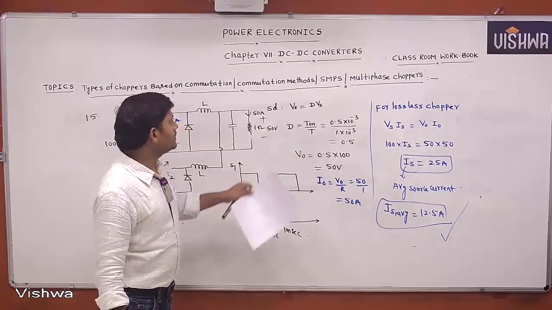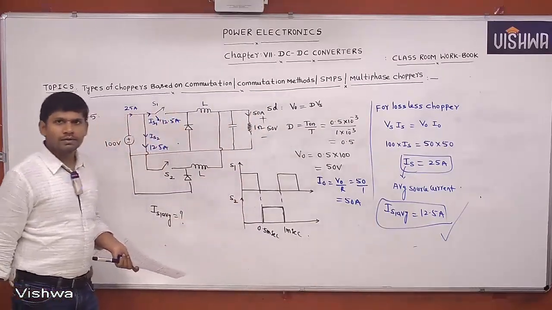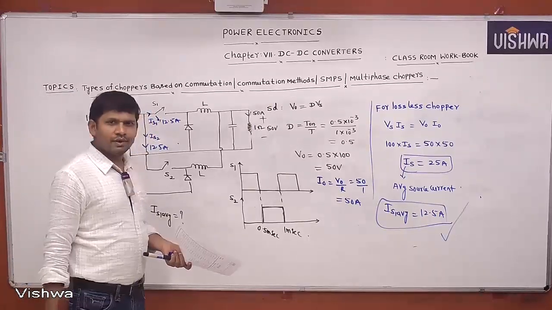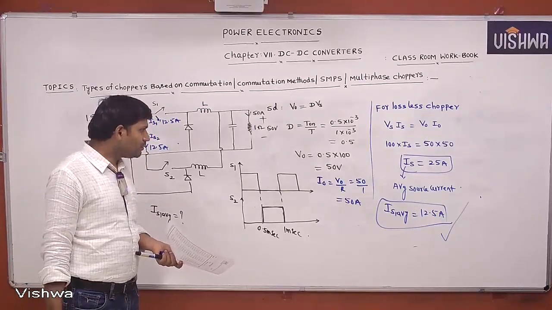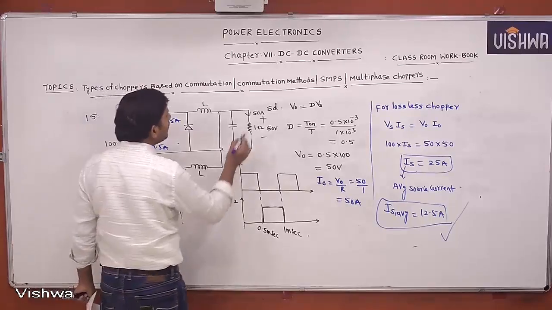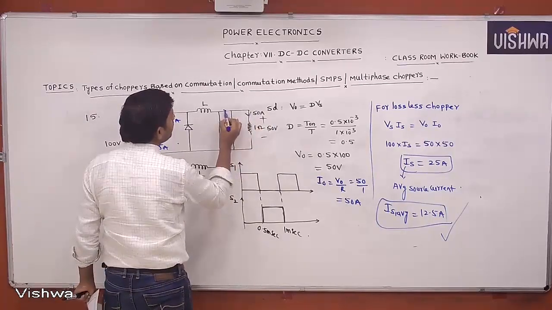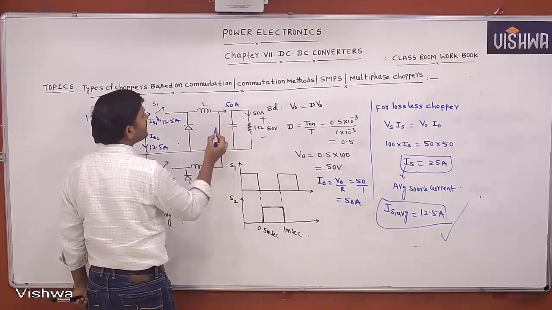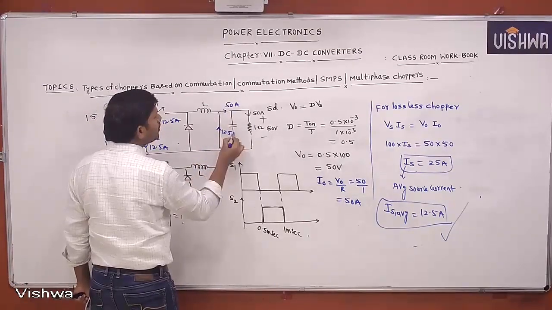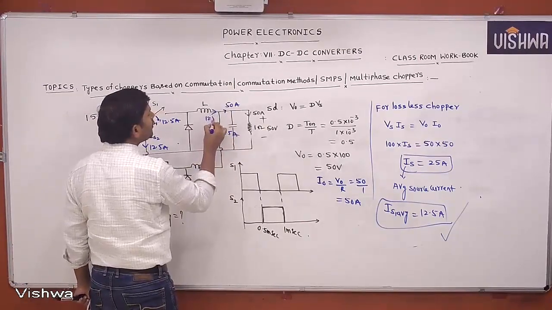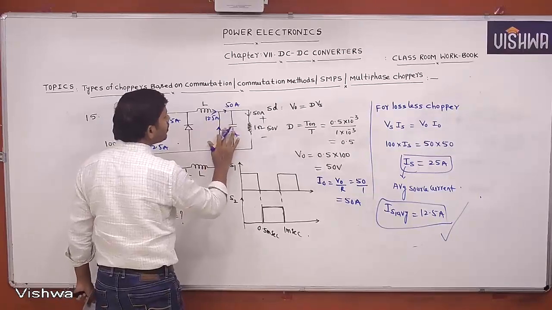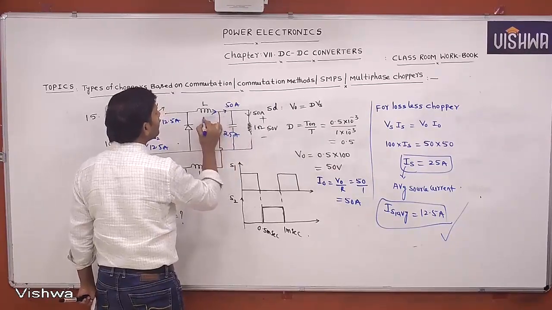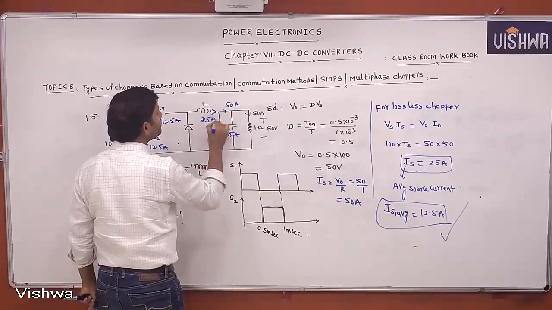Understand? Okay, this way we can solve the problem. Or you can also solve it like this. We know the load current we are getting is 50 amperes. If it is 50 amperes, this supplies 25 amperes, and this also supplies 25 amperes.